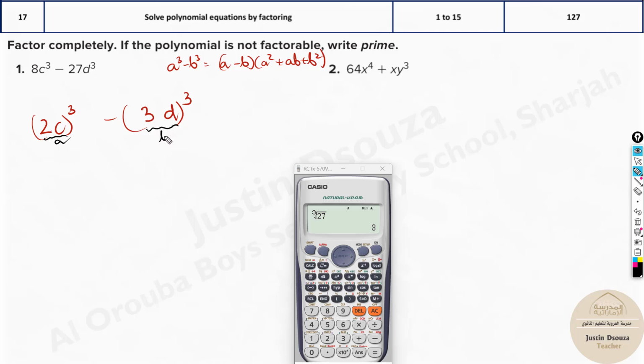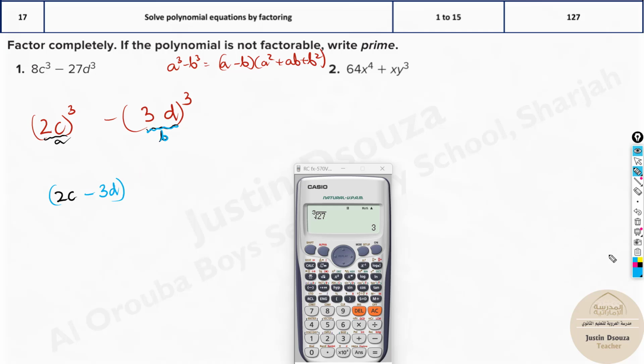And this over here is B. So what I do is, let me change the colors for B as well so you'll understand. This is B. So it starts with what? A, that is 2C. Then we go to B, that is minus 3D. That's it. Now look, we don't write the cube because we want only A and B. Whatever is inside the parentheses or the brackets is A and over here B.